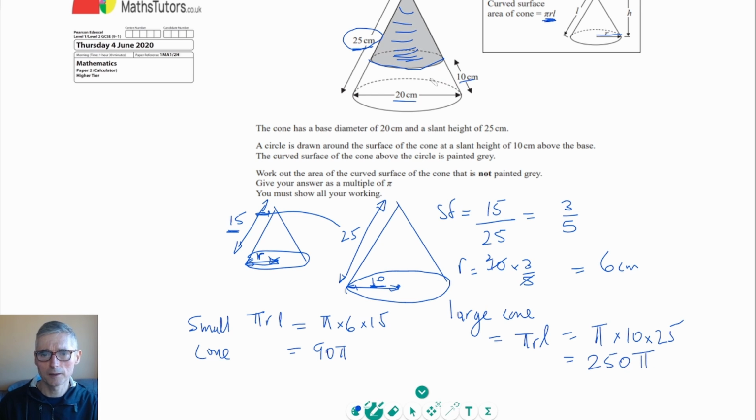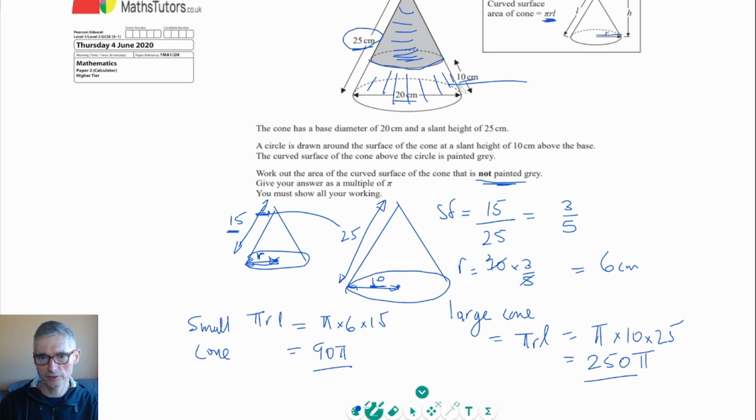And now the part of the question which we've got to answer is we've got to work out what the curved surface area of the cone that's not painted grey is. So that's all this bit at the bottom, and that's actually just the big one minus the small one.